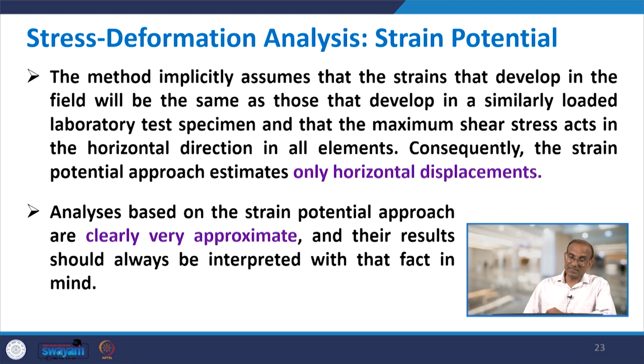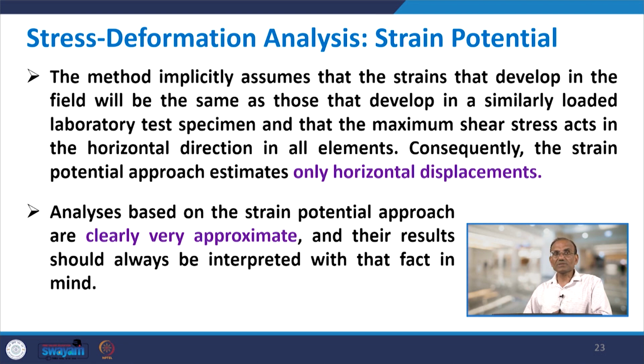The method implicitly assumes that the strains that develop in the field will be the same as those that develop in a similarly loaded laboratory test specimen. So, it is assumed the strain developing in the field and in the laboratory is the same. It may not be the same, but it is assumed here, and that the maximum shear stress acts in the horizontal direction in all elements.